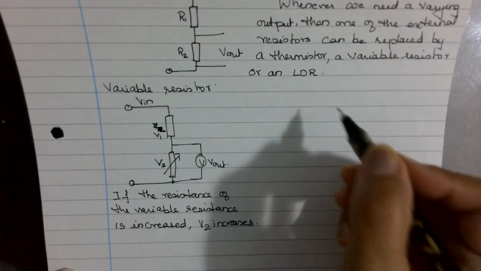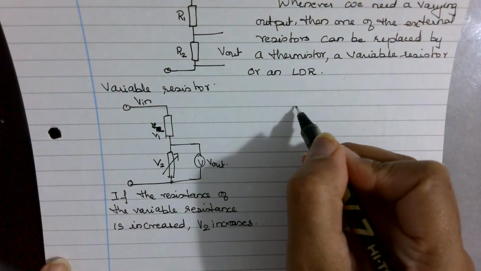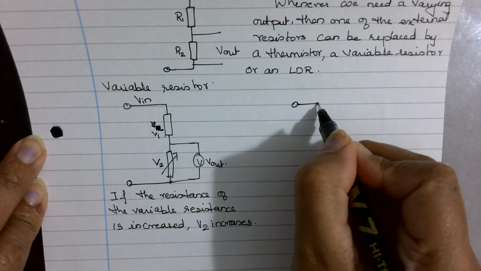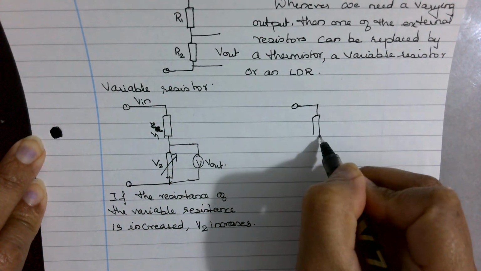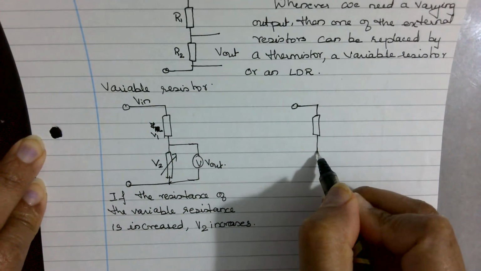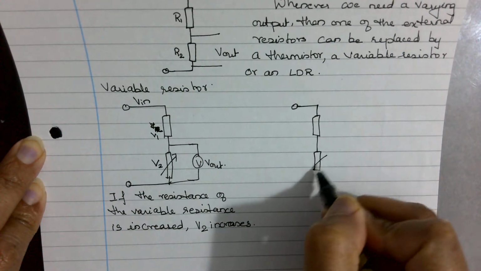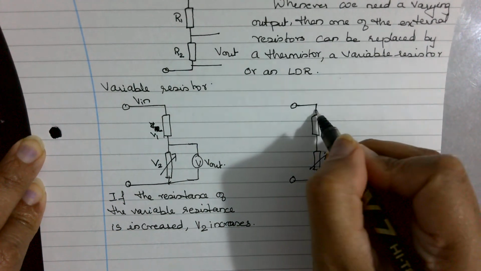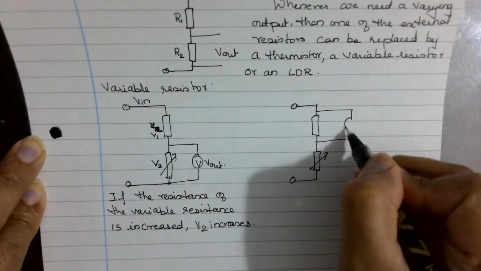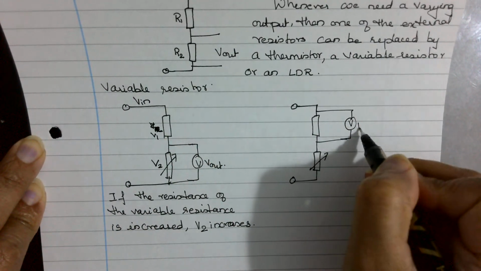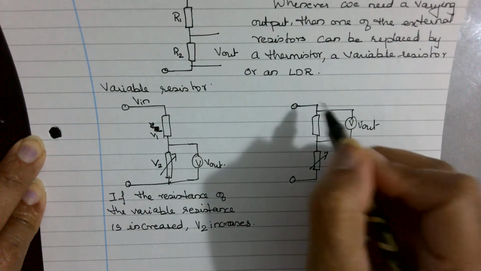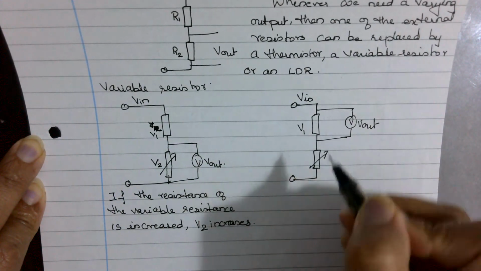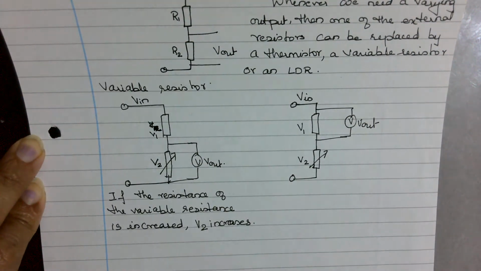Then in the same circuit, I can connect the voltmeter in a different place. For example, I have a fixed resistor here, I have a variable resistor here, and then this time I have my V out here. The same V in, and I am giving V1, V2.